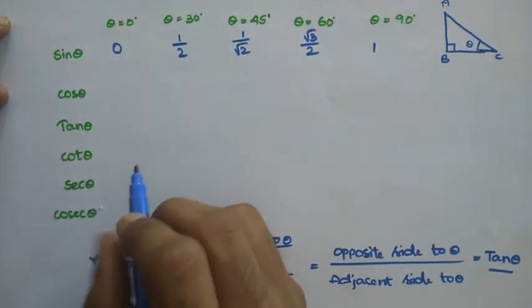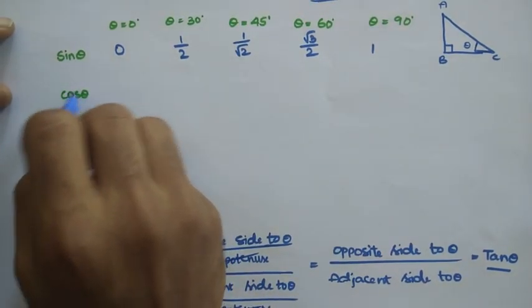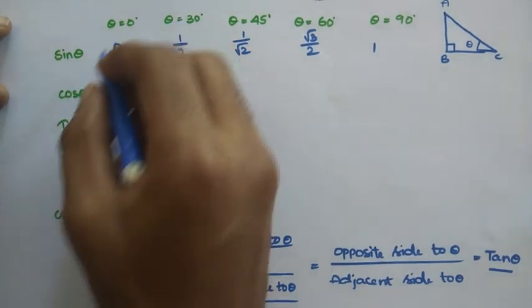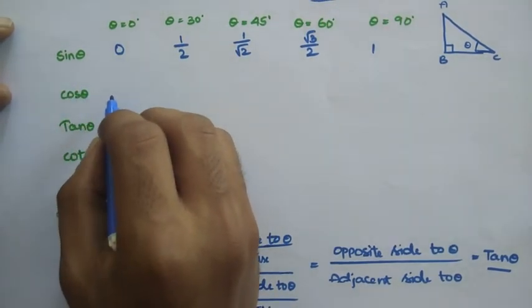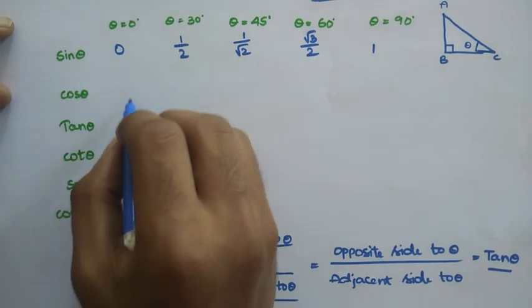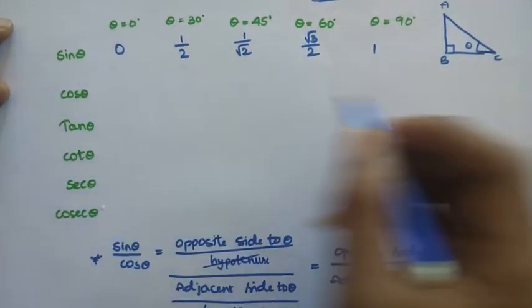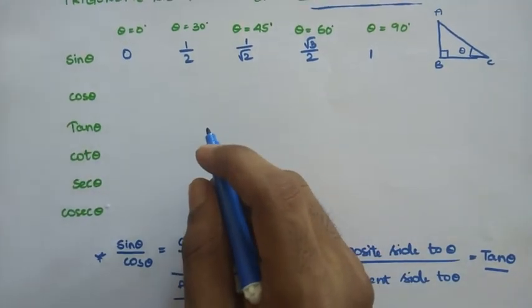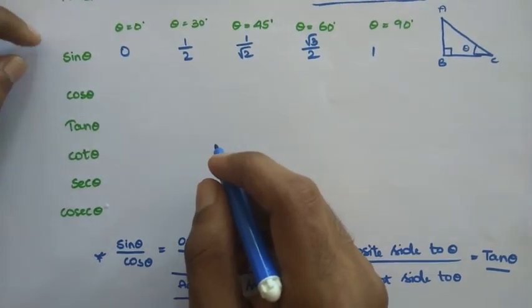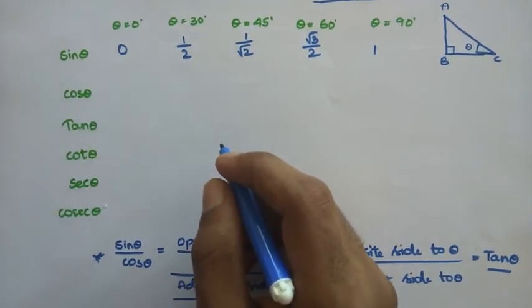Similarly, now we need to find cos values. If we put 0 here, cos 0 will take some value. There is a relation between cos and sin, that is they are complementary trigonometric ratios.